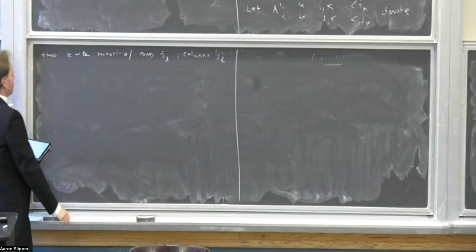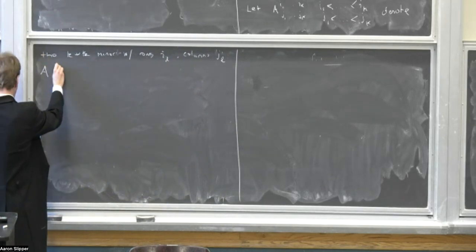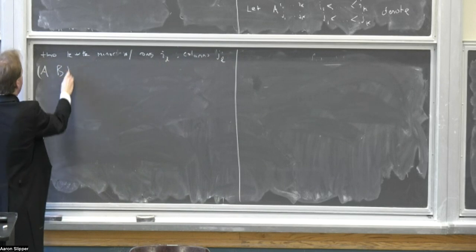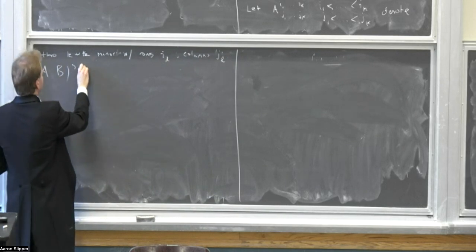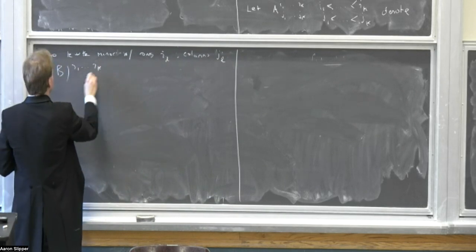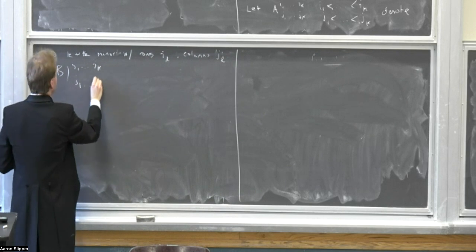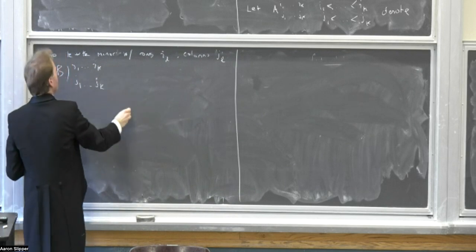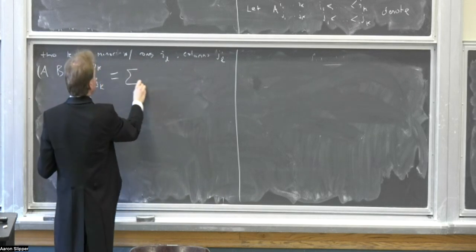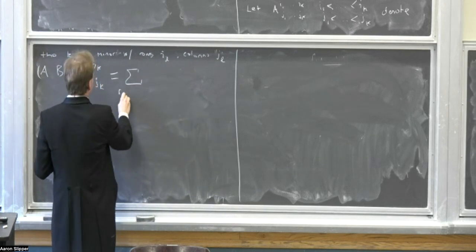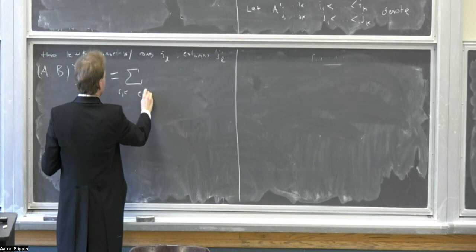Just by the general theory of block matrix multiplication, if we have a product AB and we want to take its minor, it's always true that this is going to be the sum over all indices r1 to rk.